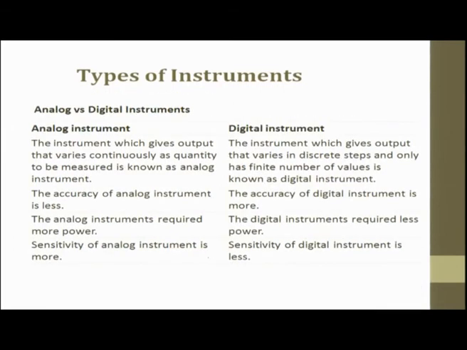Now, when we try to see the difference between analog instrument and digital instrument, today everything has become digital. Earlier it was all analogous. The analogous instrument gives an output that varies continuously as the quantity to be measured, whereas in digital it will be in discrete steps. People first used analog, and from analog they went to digital, saying that with digital we have more options to play with the signal and the output.